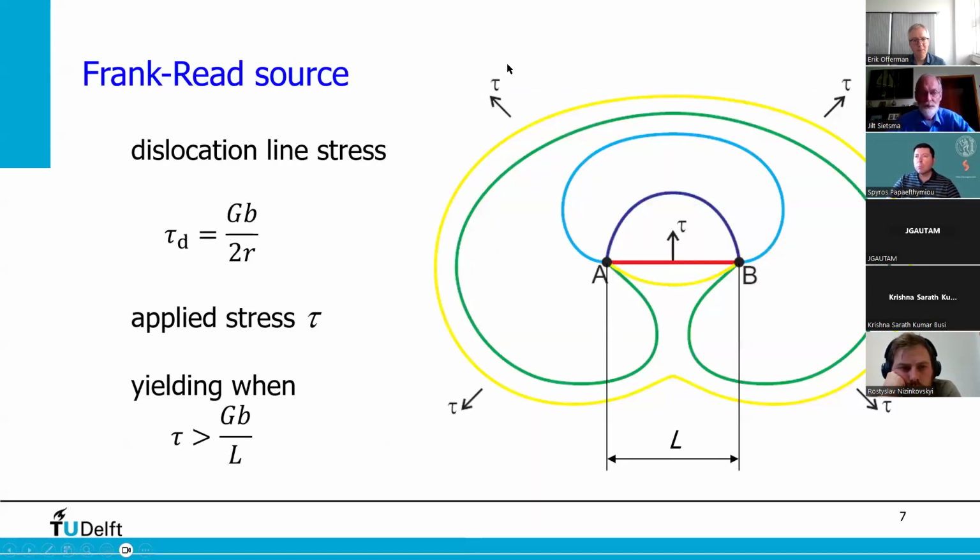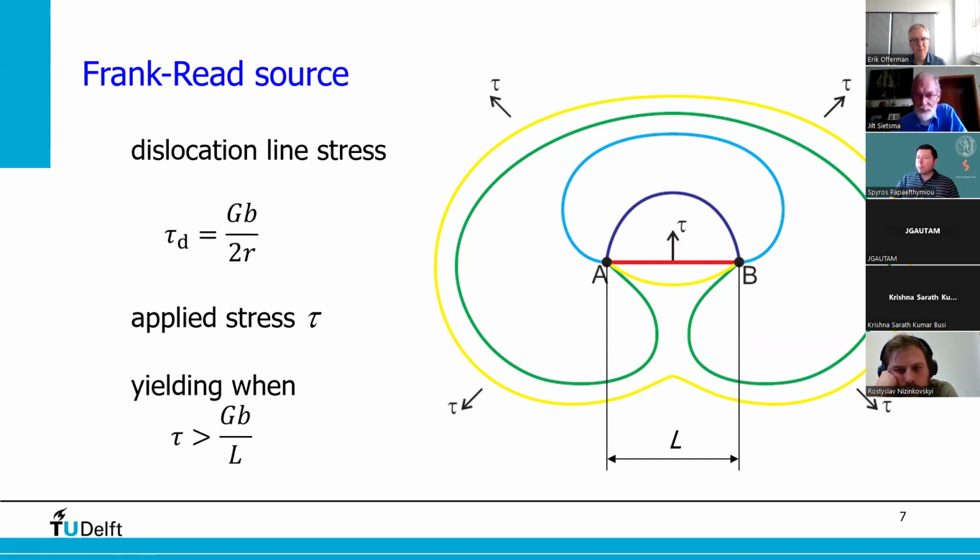Well, dislocations are very important for the mechanical behavior, the strength of material, the ductility of material. And we know that during plastic deformation, we have so-called Frank-Read sources. So this is a typical picture. You have a dislocation segment here, initially the red segment, straight between 2 pinning points. Pinning points might be other dislocations, precipitates, or solute atoms.